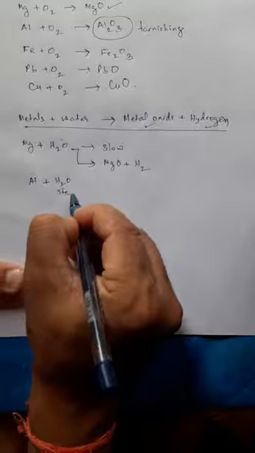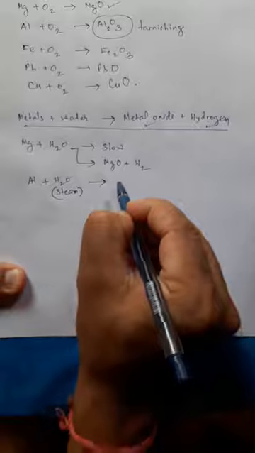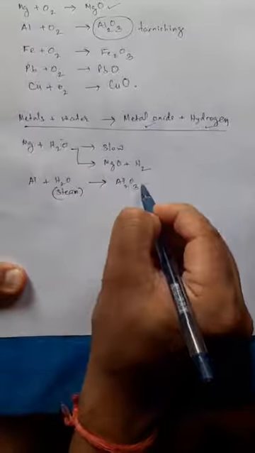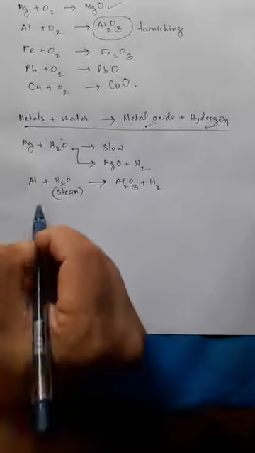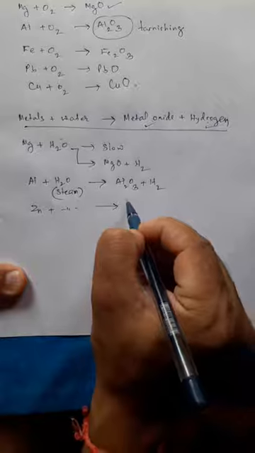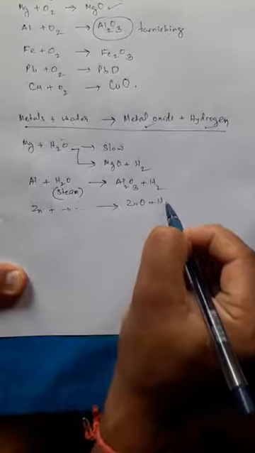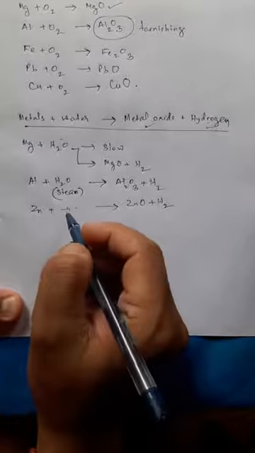So steam, that means it is hot, and hydrogen will liberate. Similarly, zinc also, same condition, we'll get zinc oxide plus hydrogen gas. So this is how the reaction takes place.